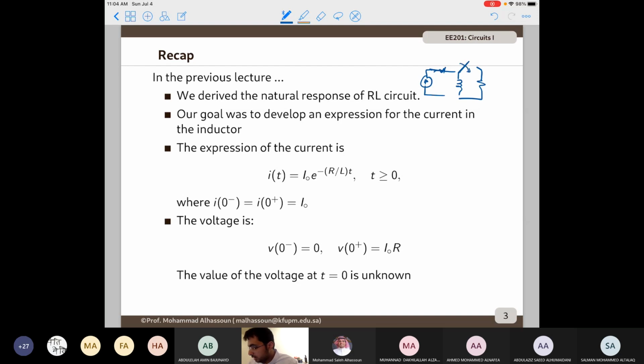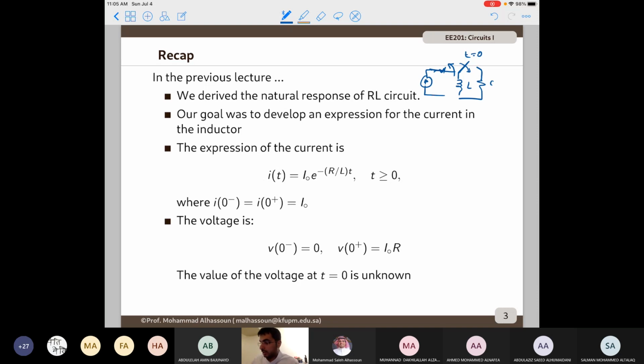So there's a switch, and the switch at t equals 0 connects the inductor to this circuit and disconnects the inductor from this circuit. So the inductor was initially charged, then discharged. And this is the case we studied last time.